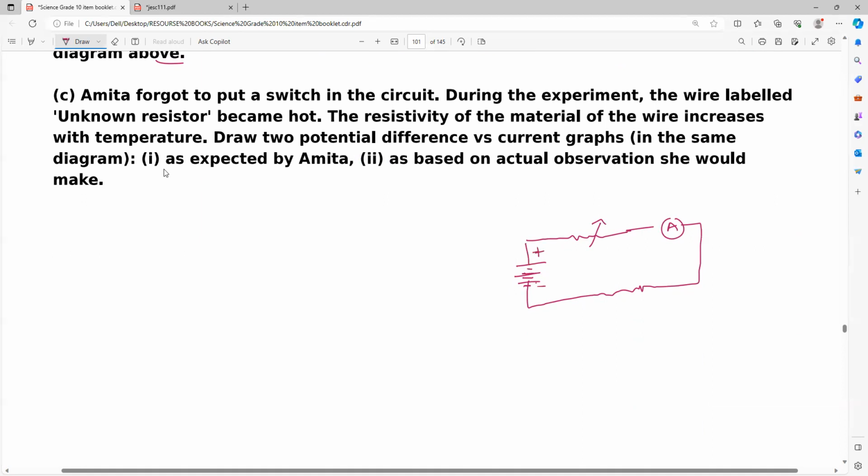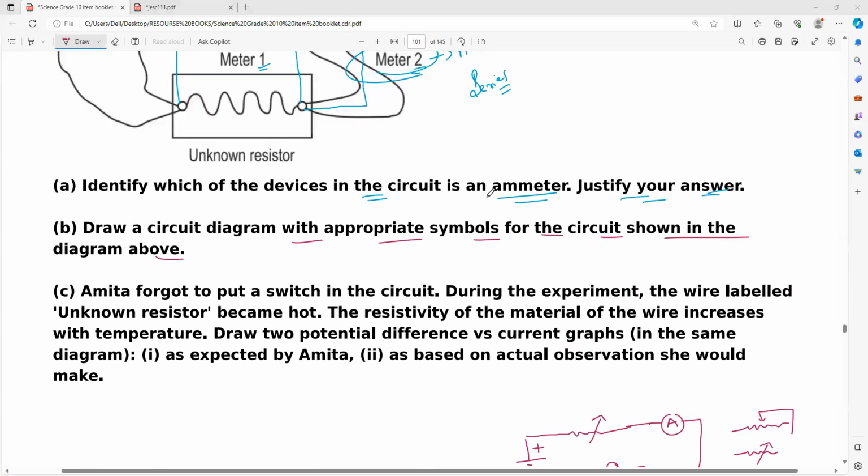And the voltmeter is connected in parallel. You can connect it up or down. This is the circuit. Make sure everybody draws it. There are two symbols for rheostat, one is this or one is this. For your convenience, you can use anything. Do it fast.